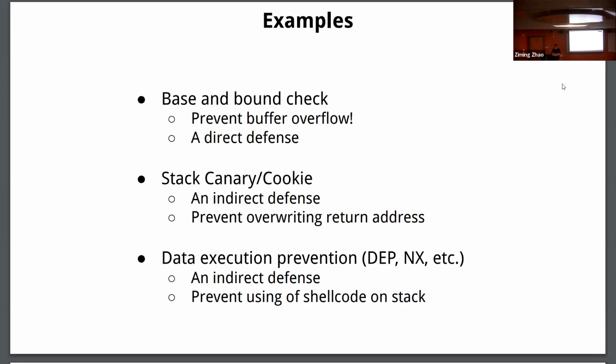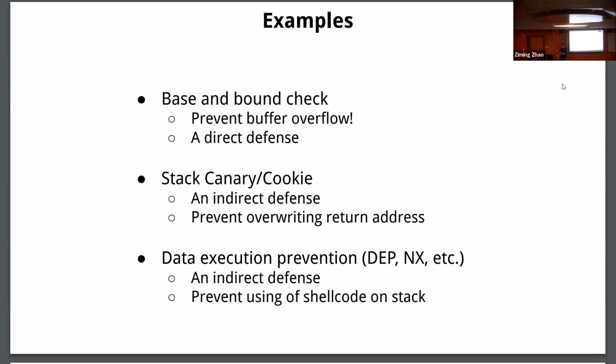Then today we're talking about stack canary, which is also an indirect defense approach. It's a very simple approach. We just put some random number between the buffer and the saved EBP. So if you want to override the saved EBP or return address, you also have to override the random number we placed there.